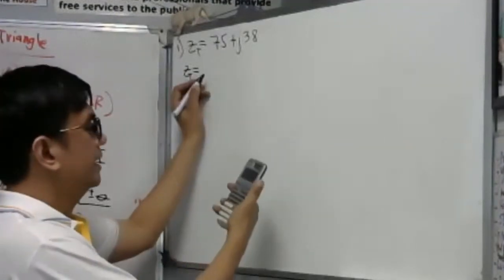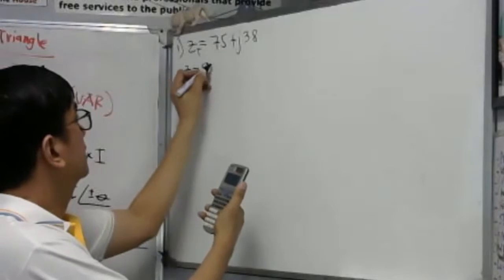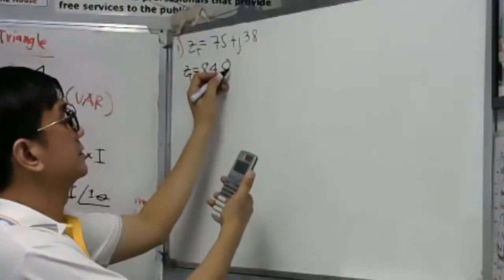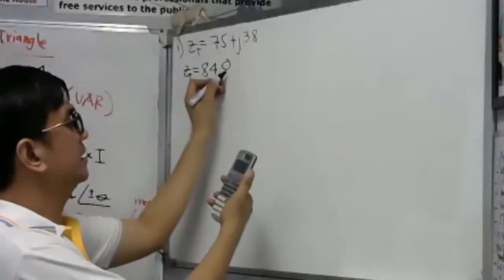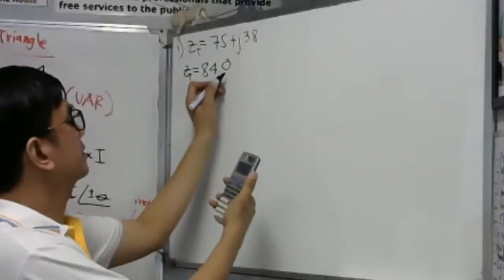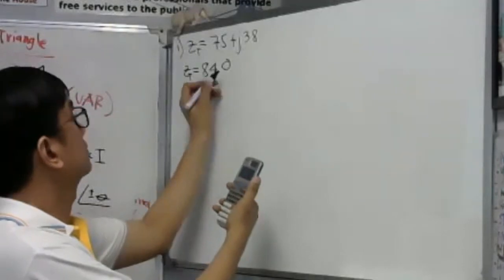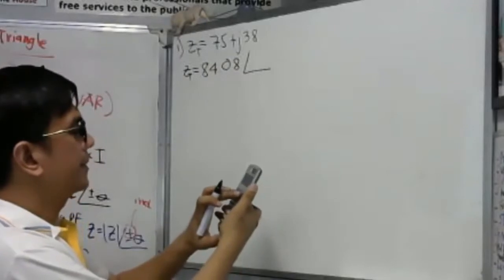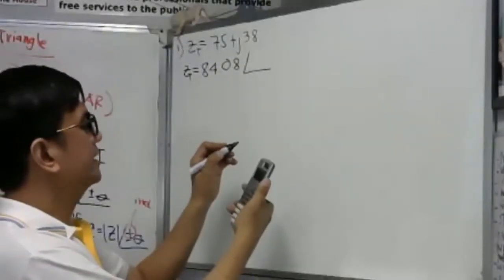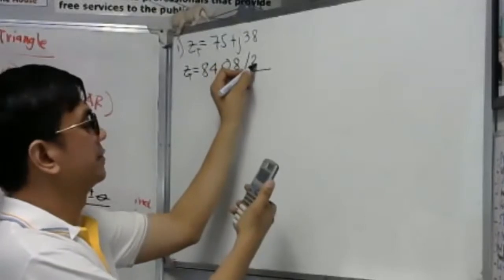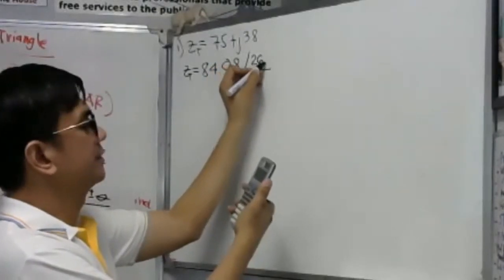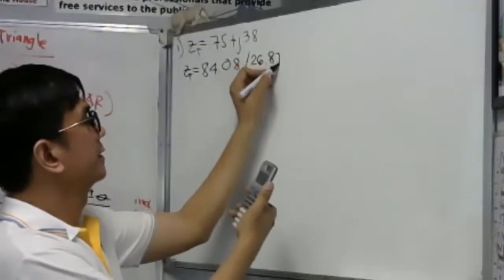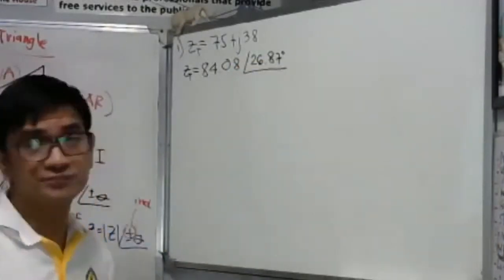So our impedance is 84.077, and the angle is positive 26.87 degrees.